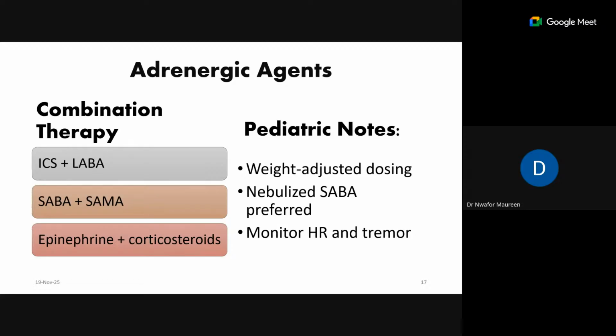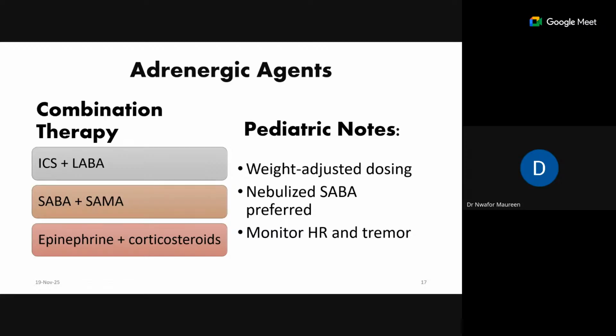These agents are mostly found in combination. You can have an inhaled corticosteroid with a long-acting beta-adrenergic agent. You can have a short-acting beta-adrenergic agent with a short-acting anticholinergic agent, as the case may be. The pediatric note says that weight-adjusted dosing is very important. You don't give the same dose you give to adults.